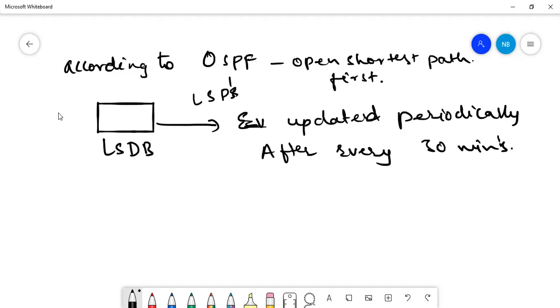LSP will get updated, and the updated information will be placed into the LSDBs.